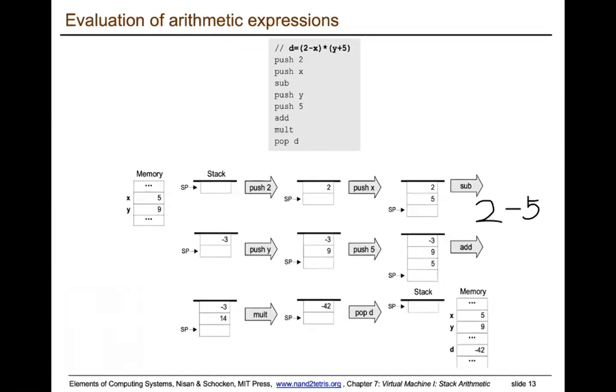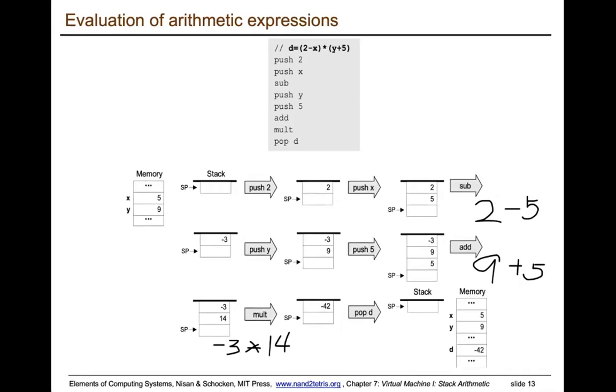Then push Y means you get 9 there, push 5 there, and add. So you pop 5 and 9, and 9 plus 5 is 14. Then multiplication: you pop 14 and negative 3, so negative 3 times 14 is negative 42.